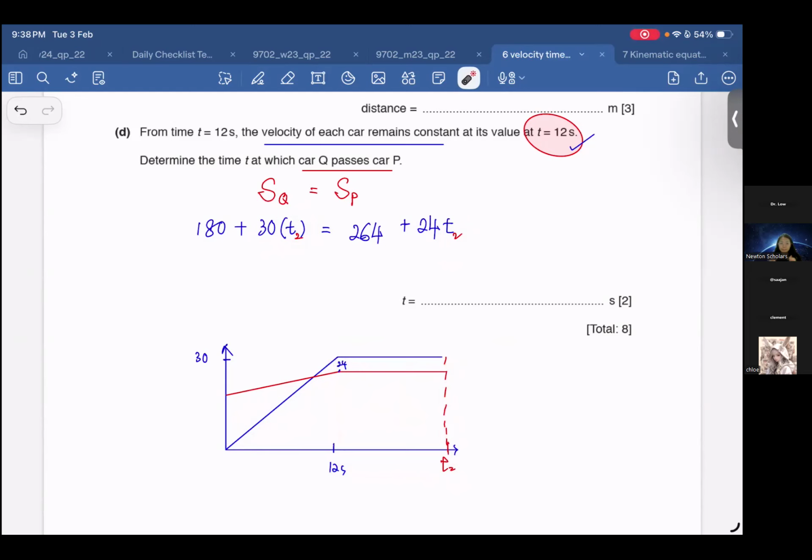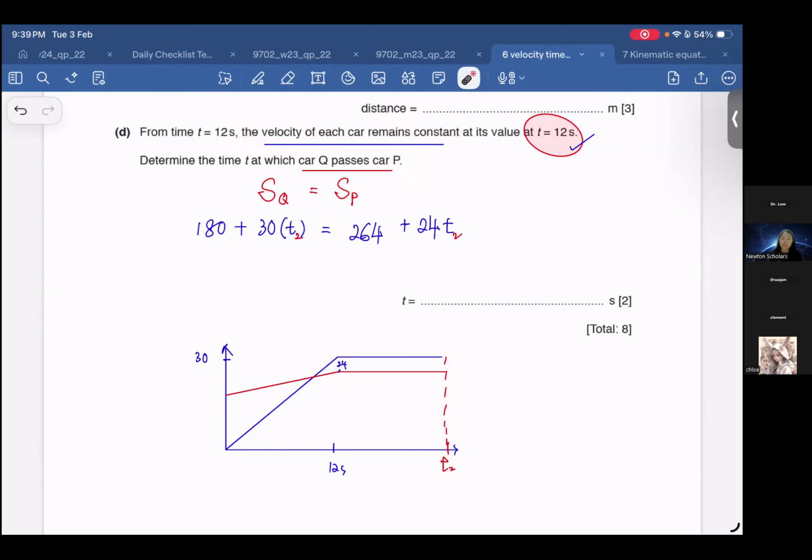The main idea of this question is that Q passes P, so you must fulfill that the distance at that time is the same. So if I continue to plot the graph, constant velocity should be horizontal, continuing until a certain time.